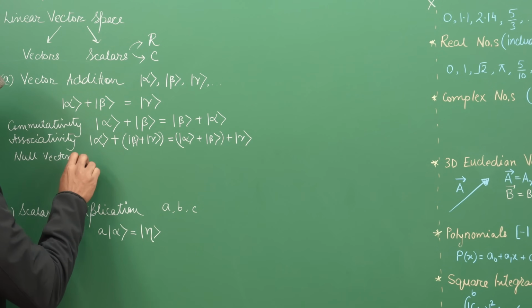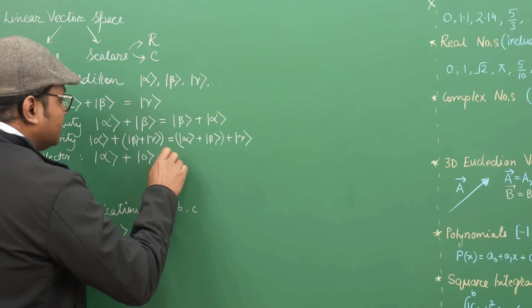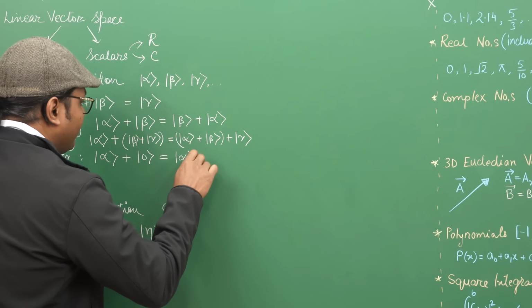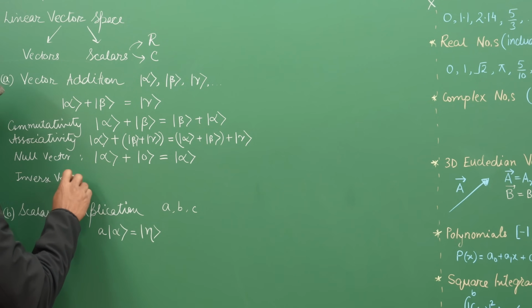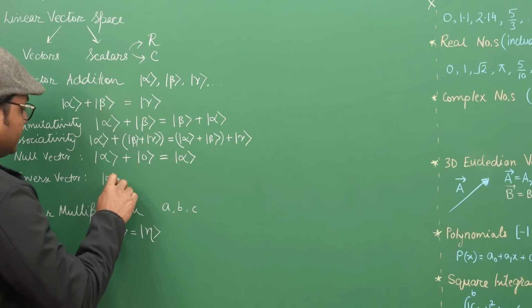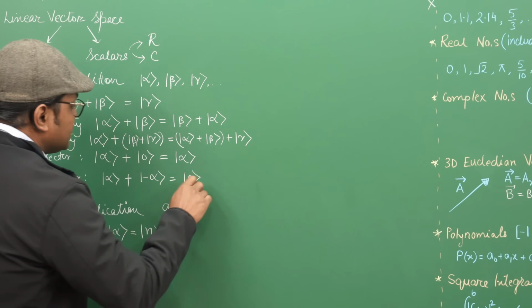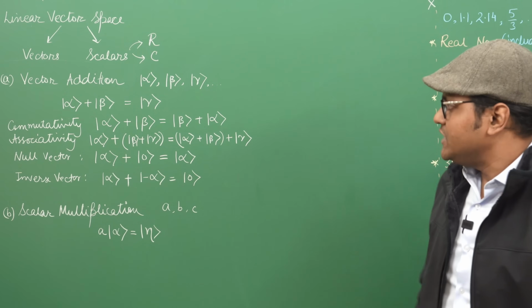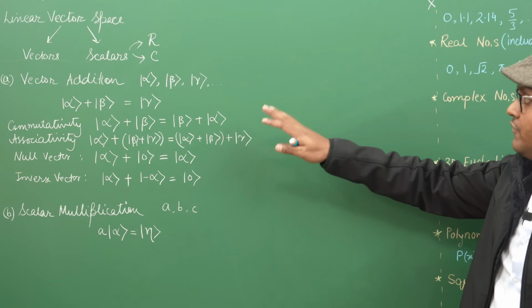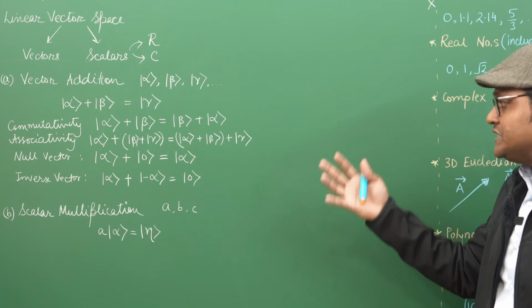That means if I add a vector alpha to another vector so that the resultant vector is alpha itself, then that vector is nothing but a null vector. Similarly, we have inverse vectors: if I have a vector alpha, there must be an inverse vector minus alpha such that the resultant is a null vector. Now, these are some of the properties, as a consequence of the mathematical operation of vector addition, that elements belonging to a linear vector space must satisfy.